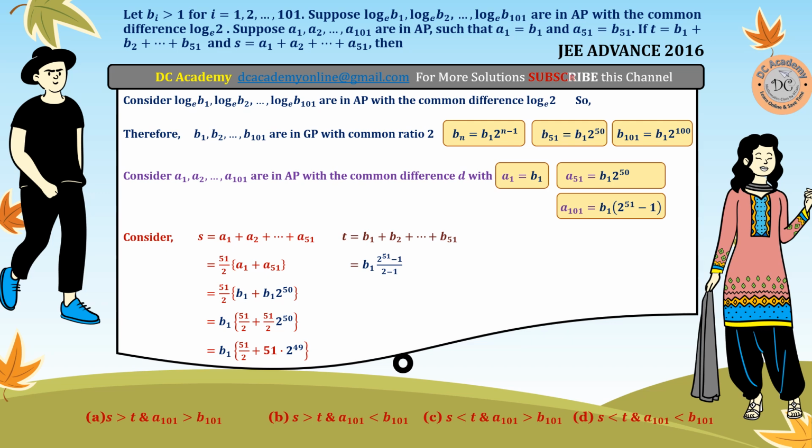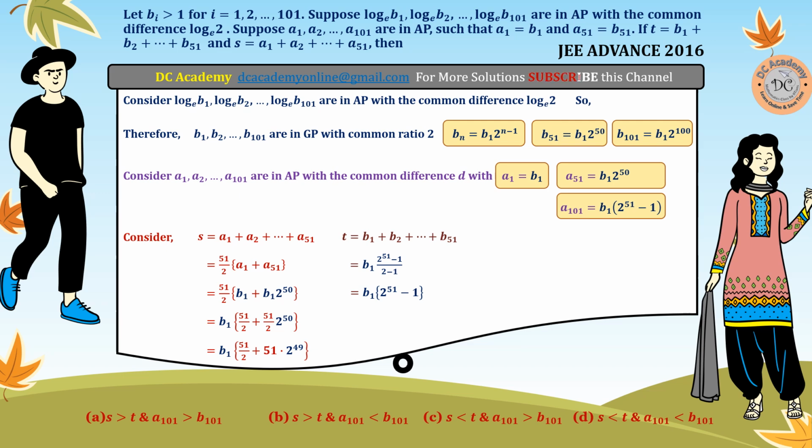So the sum will be B1, the first term, times the common ratio, which is 2, so 2 to the power 51 minus 1 by 2 minus 1, which gives B1 multiplied by 2 to the power 51 minus 1. And that's it, so you obtain all the required values to analyze the options.